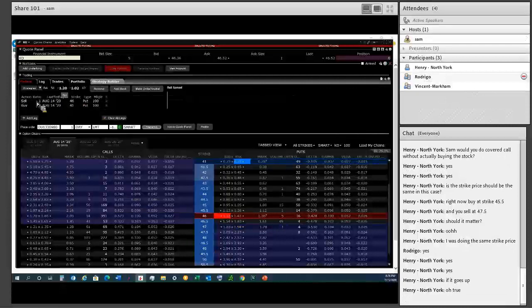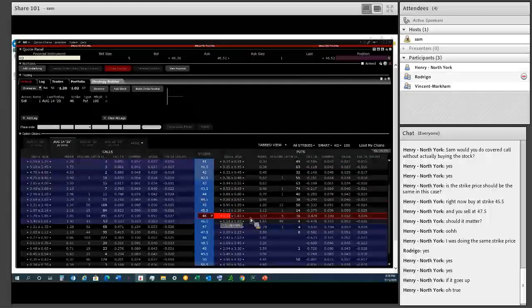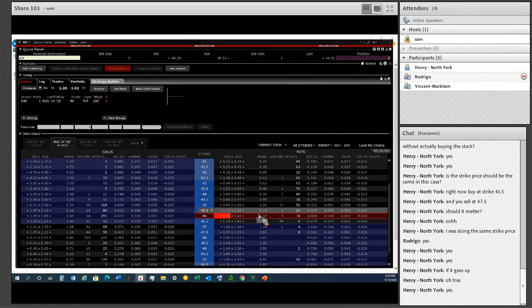So let me simplify it for you. Okay, forget about this trade because I think it is going to confuse you a bit. If we do just this, if we sell the 46 put, this is exactly the same thing as a covered call.